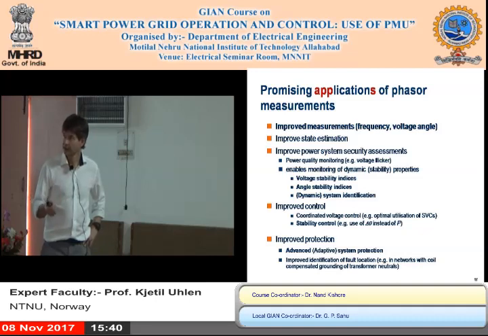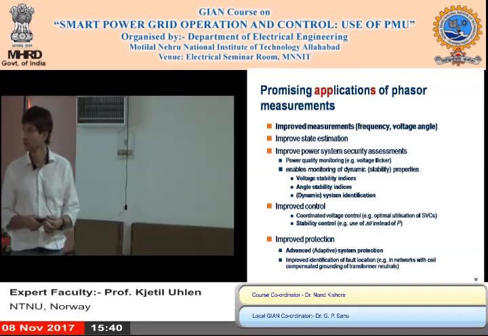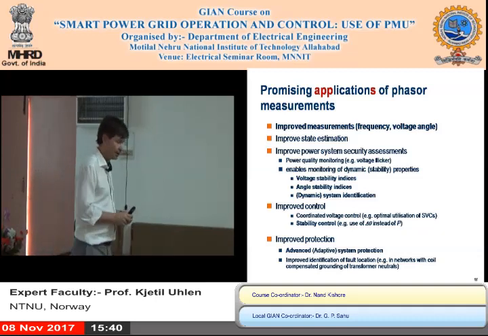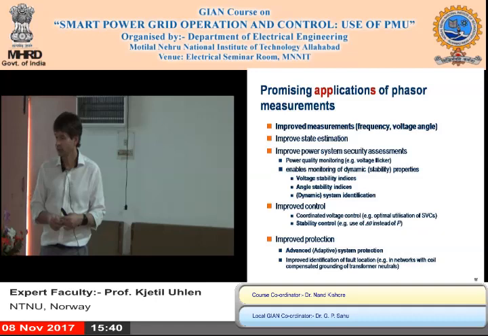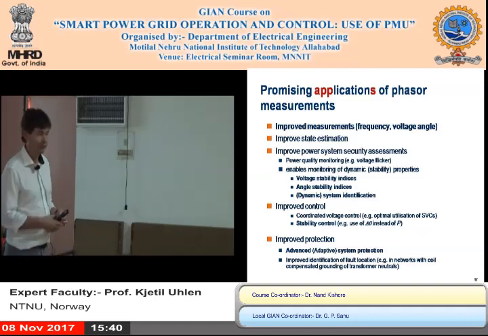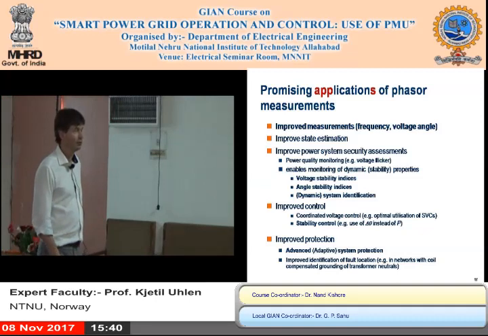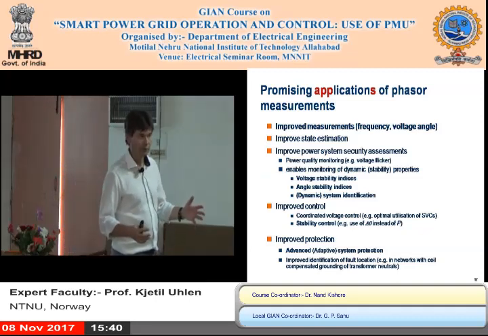Then the next step in utilizing that information would naturally be to improve state estimation. You may recall from basic power flow analysis that if you know the voltage magnitude and the voltage angle, then you compute the power flow.